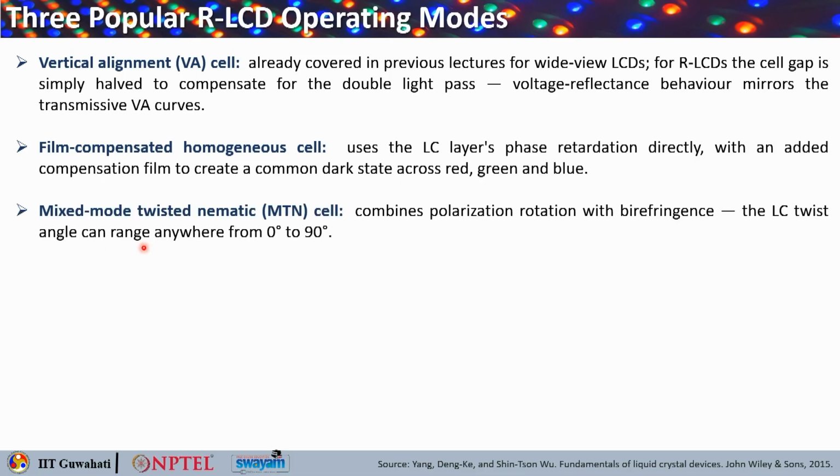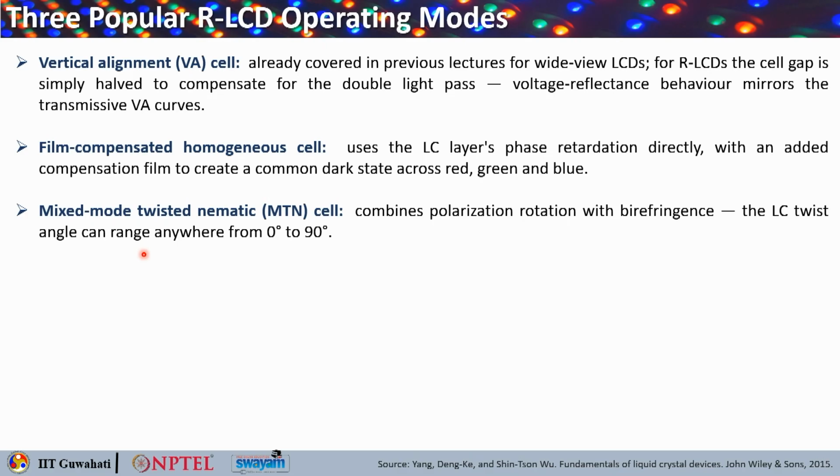Now, the third one will be the mixed mode twisted nematic cell. Okay. So, mixed mode because here the light's polarization state is changed partly by the liquid crystal's twisting structure, okay, that is like the polarization rotation as in a twisted nematic cell, and partly by pure birefringent phase retardation, which is in contrast to the pure twisted nematic cell, which relies almost entirely on the polarization rotation.